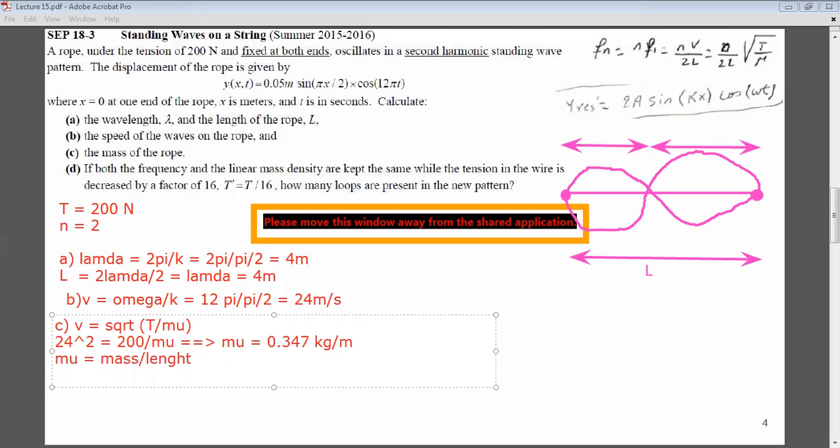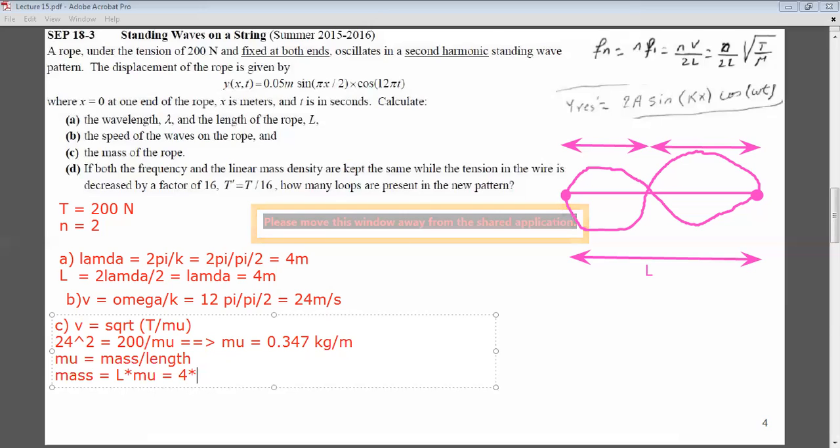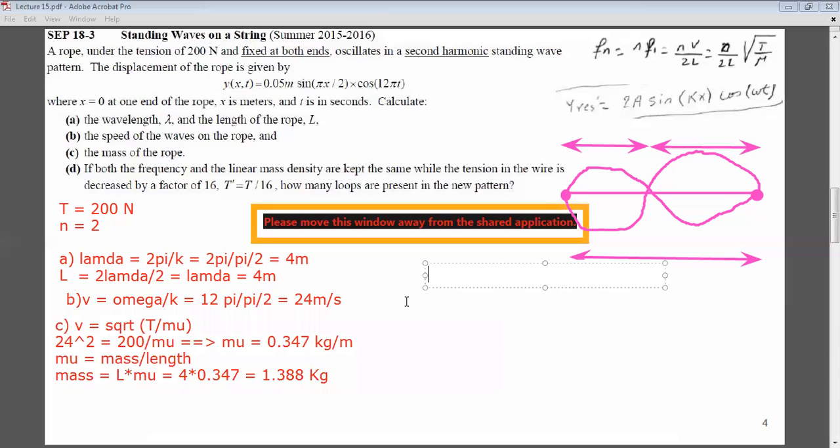So the mass is length times mu, which is L, we calculated it, it is 4, times 0.347, and we find the answer 1.388 kilogram. This is part C.